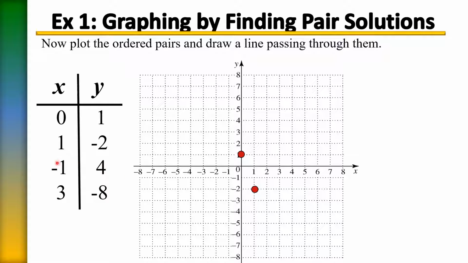So plotting the last 2 points, the third one there is over -1 and up 4. The other one is over 3 and down 8. And drawing a line through the points, you can clearly see that all points are on the line.